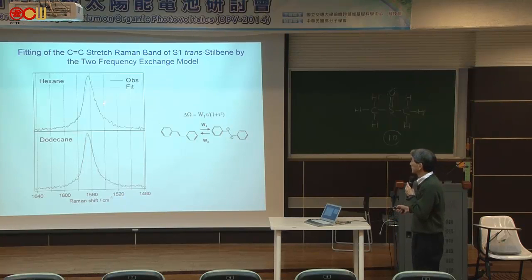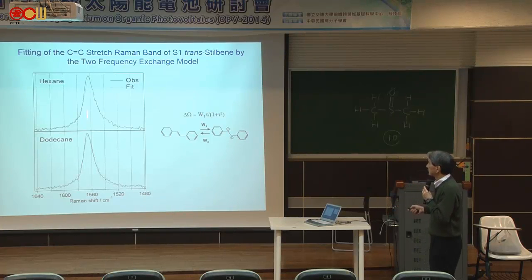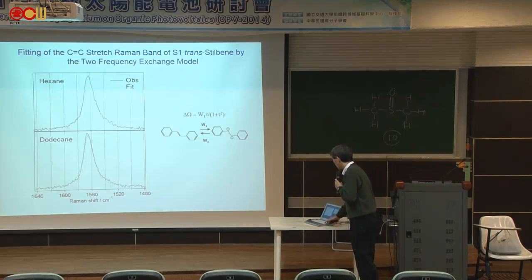But these changes are very nicely reproduced with the dotted line, which is theoretically obtained from the model. So the model very nicely explains why the band shape changes depending on what the solvents are.